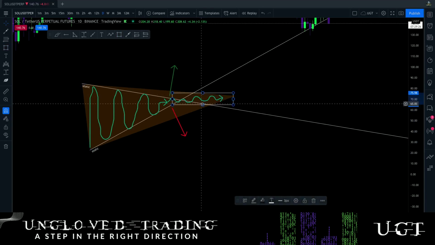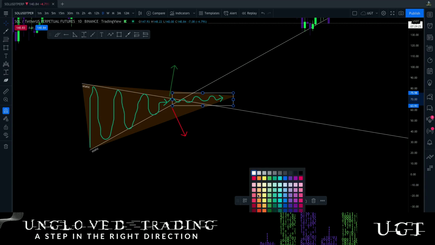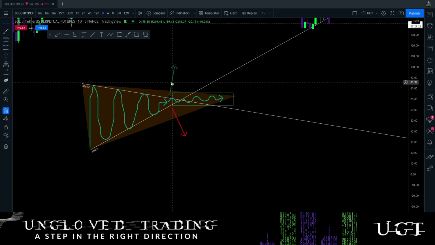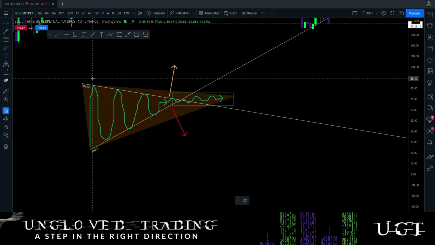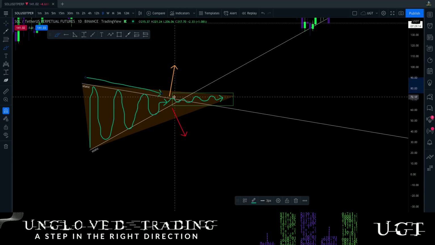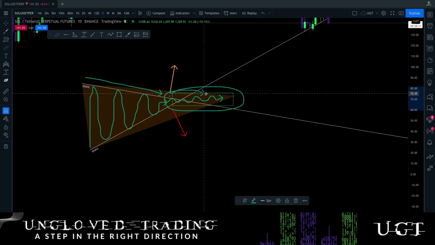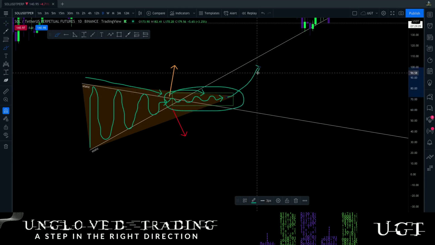Now, if you think back to accumulation distribution phases, like so, let's just change the colour of this to yellow. You originally have the move down, followed by accumulation. What happens after you break out of accumulation? You move up.